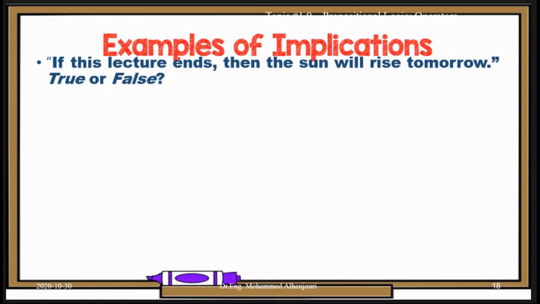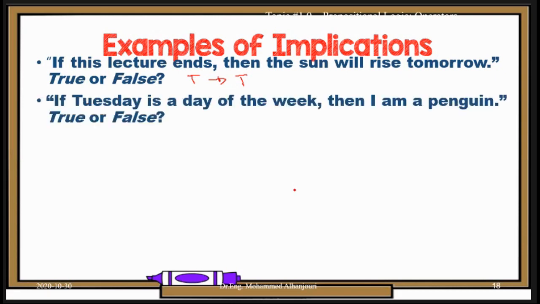This is true, implies, then the sun will rise tomorrow. Inevitable ba yung pagsikat ng araw? Yes. Cycle yan. Sisikat yung araw bukas, tapos magsaset siya later in the afternoon. Hindi natin siya mapipigilan. That is true implies true. Therefore, the whole proposition is true.